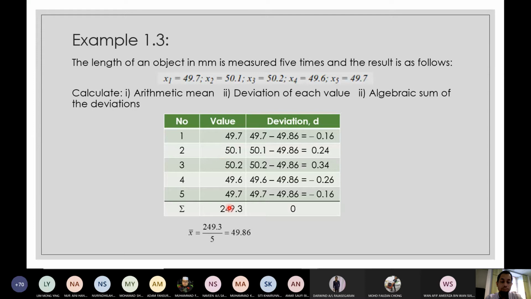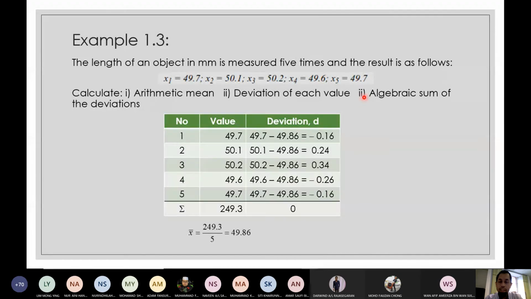So to find the average, we sum all the values and then divide by the number of readings. So in this case, we get the arithmetic mean as 49.86. And then to determine the deviation of each value, we subtract the average value from each of the readings. So we get a value of, for example here, the first reading, negative 0.16 and so on until the 5th reading.